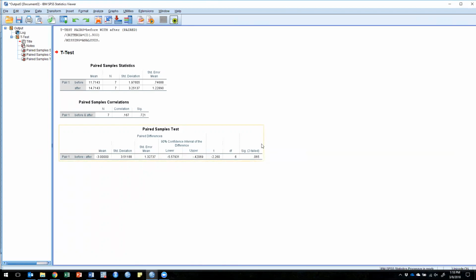Since our p-value here is less than our alpha level of 0.1, we would reject the null hypothesis that people's perceptions were the same after watching the commercial, and we would conclude that the commercial helped improve people's images.